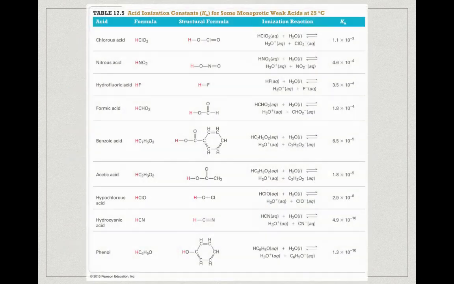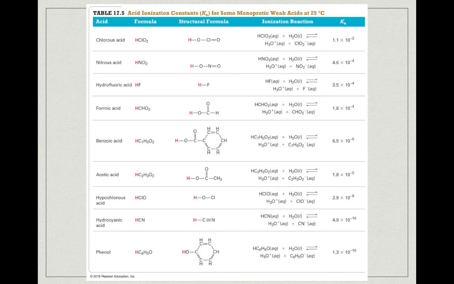Let's look at some equilibrium constant values for weak acids. We've got quite a range of Ka values here. At the top there, we've got chlorous acid, HClO2. It's got a Ka of 1.1 times 10 to the minus 2, so not a very small Ka at all, which means that as far as weak acids go, that one is actually fairly strong. It dissociates quite a bit for a weak acid.